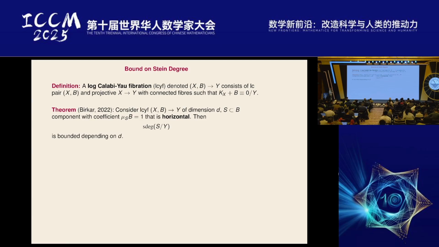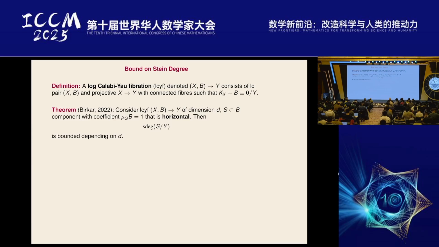Okay, so in that work on moduli, one of the things I proved was that if you look at such a local Calabi-Yau fibration, and if you look at any component of the boundary with coefficient 1 which is horizontal over the base, then the Stein degree will be universally bounded, only depending on the dimension.